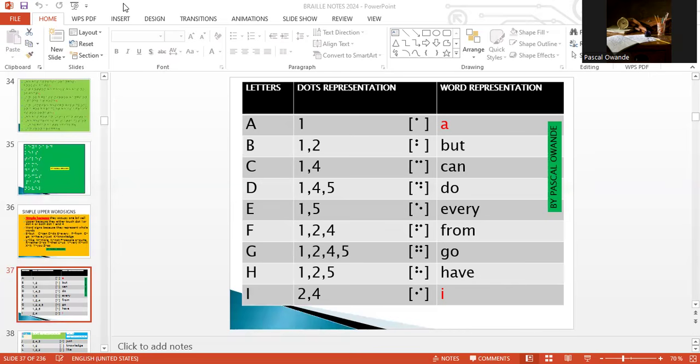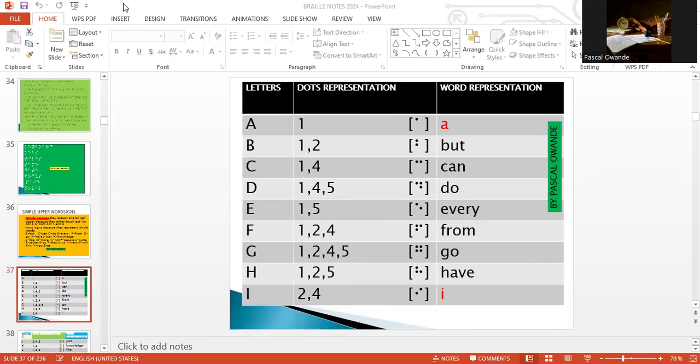Letter D is dot 1, 4, 5, representing the word do. D-O, do.